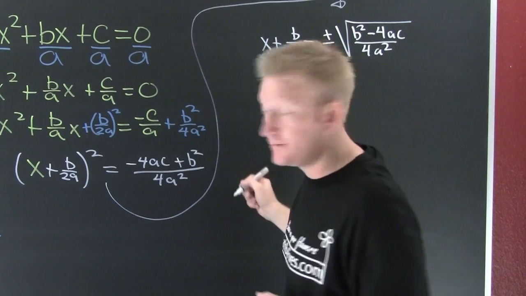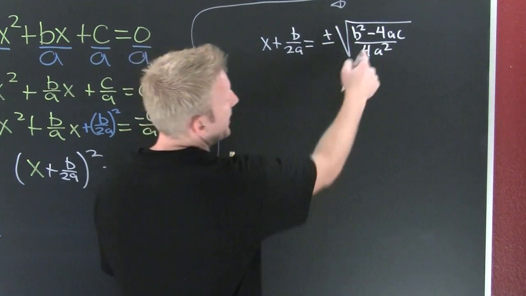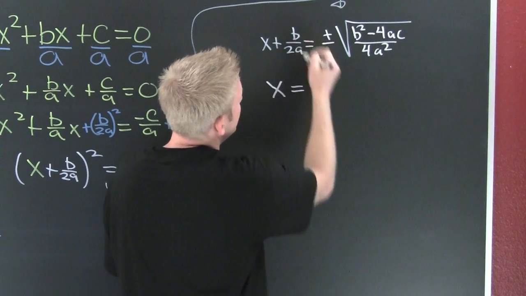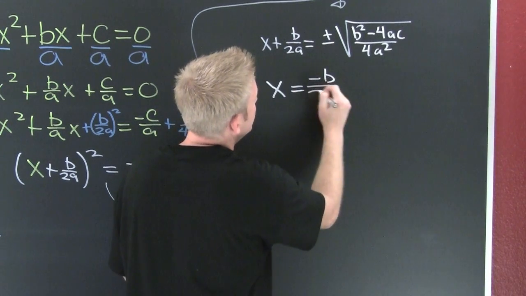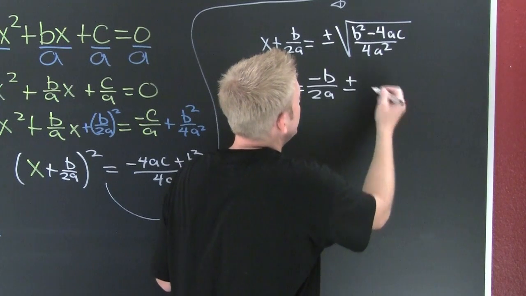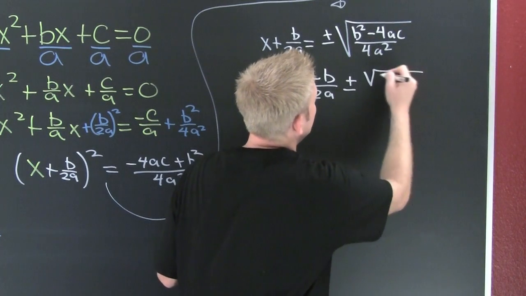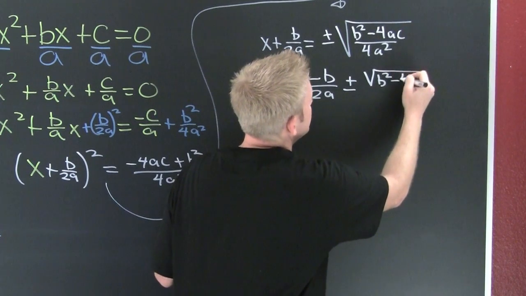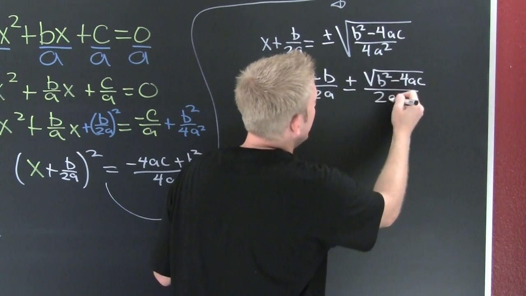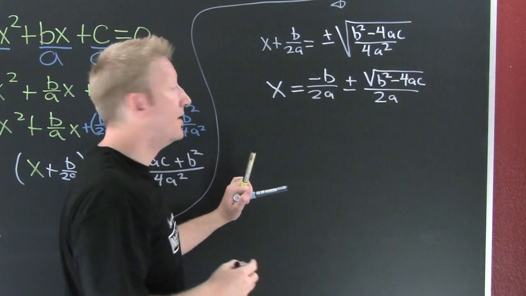And then I'm going to solve. In addition, I know the root of the product is the product of the roots. So then I subtract off the b over 2a plus or minus the square root of b squared minus 4ac all over 2a.